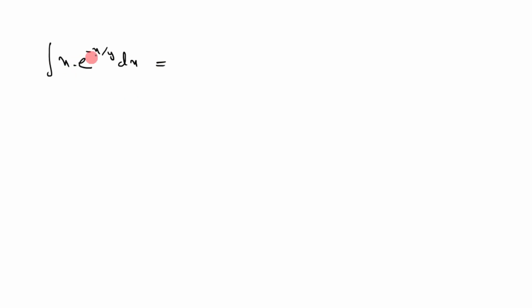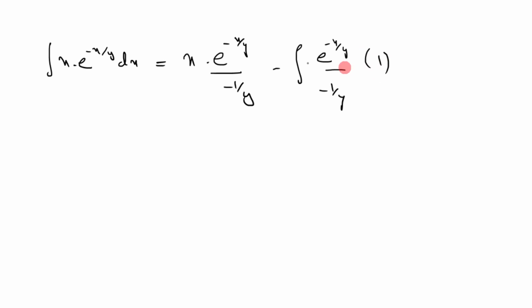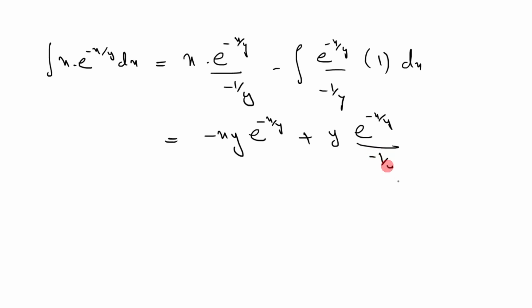You can solve this integral using integration by parts, and it will be equal to x into e raised to power minus x over y divided by minus 1 over y, minus integral of e raised to power minus x over y over minus 1 over y into derivative of x dx, and it will be equal to minus xy e raised to power minus x over y plus y into e raised to power minus x over y divided by minus 1 over y, and you can simplify it.